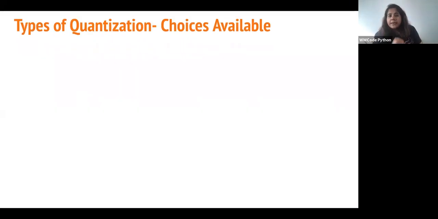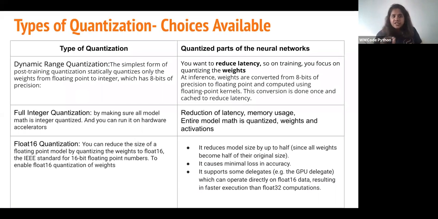What are the types of quantization available? We have dynamic range quantization, the simplest form, where you do post-training quantization, concentrating only on the weights and converting them from floating point values like 32 or 64-bit to 8-bit precision.